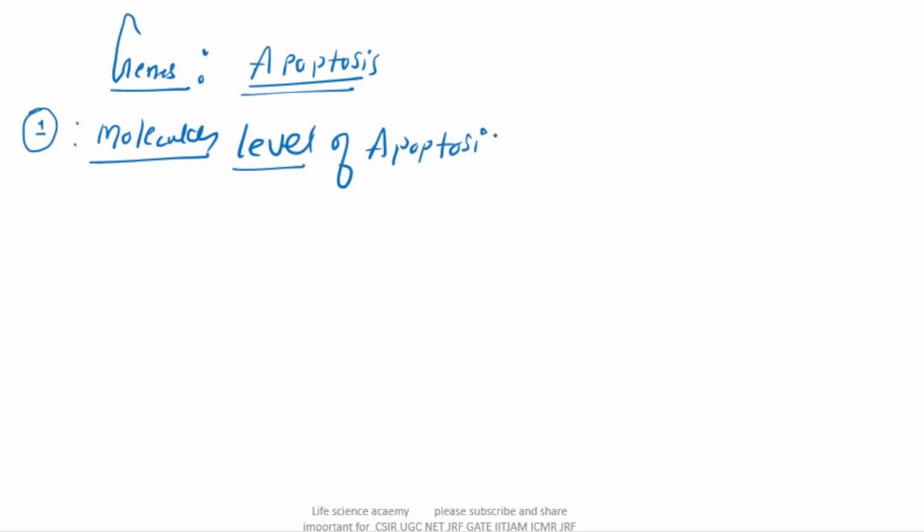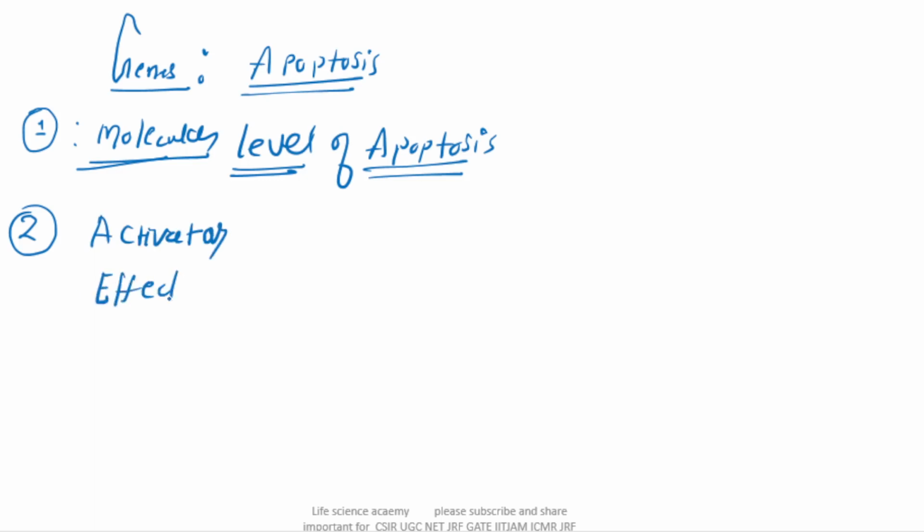Molecular and cellular phenomena are important to down regulate the apoptosis process. In that video, we talk about some activator and effector genes, or proteins, some promoting and some inhibiting apoptosis in the target cell.